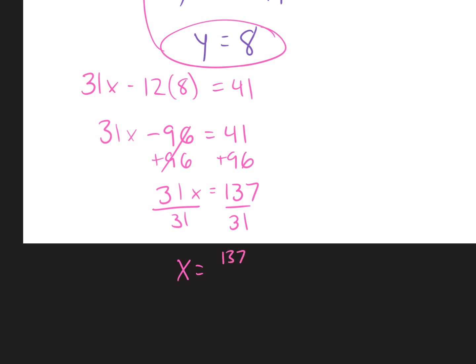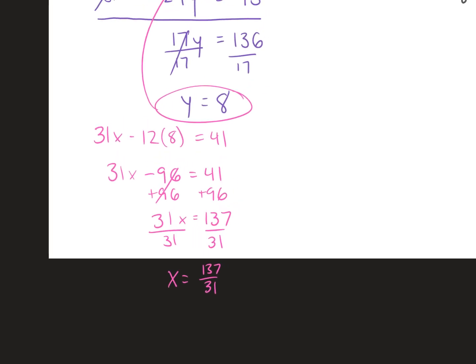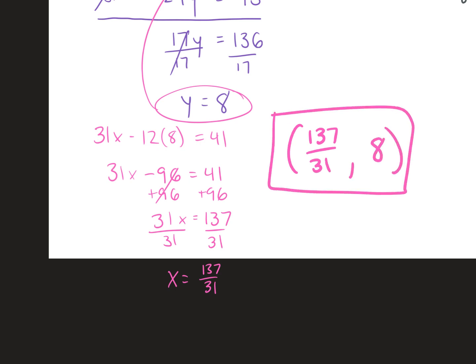So it'd just be 137 over 31. How would I write my answer? 137 over 31, comma 8. Always x, then y. You don't have to turn it into a decimal. Leave it as a fraction. That way it's exact. But if it can be simplified, simplify it.